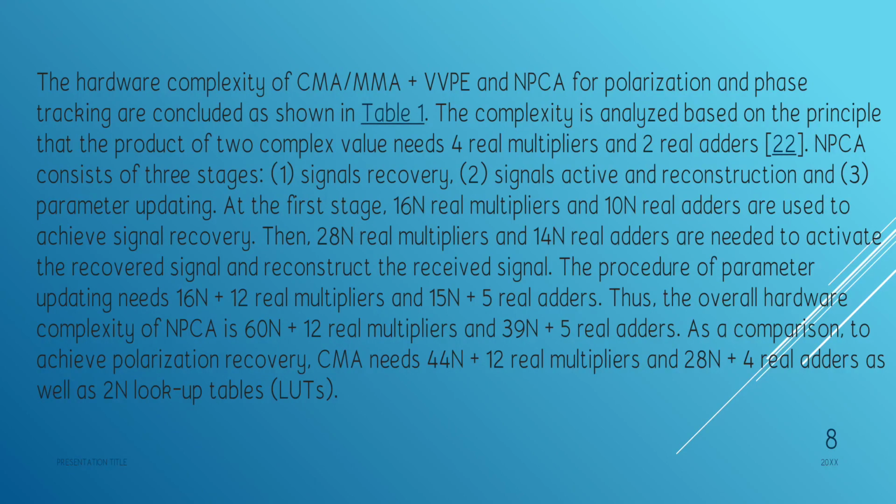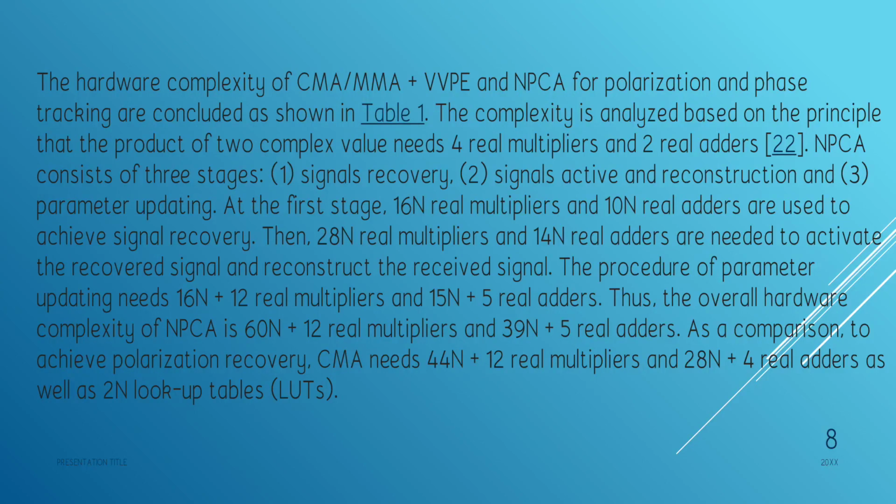At the first stage, 16n real multipliers and 10n real adders are used to achieve signal recovery. Then 28n real multipliers and 14n real adders are needed to activate the recovered signal and reconstruct the received signal. The procedure of parameter updating needs 16n plus 12 real multipliers and 15n plus 5 real adders. Thus, the overall hardware complexity of NPCA is 60n plus 12 real multipliers and 13n plus 5 real adders.